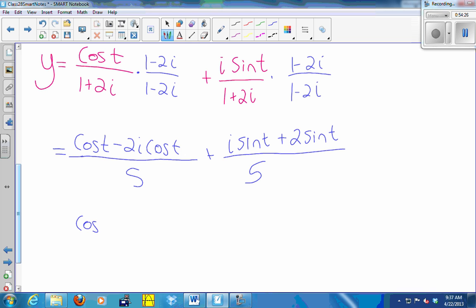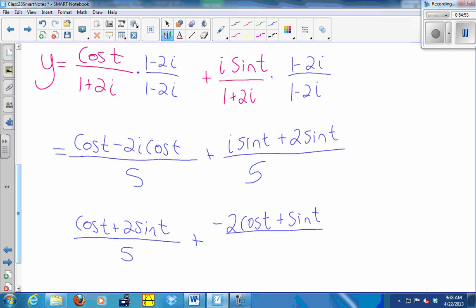So my real part is cosine t plus 2 sine t. I don't think so, because it's minus 2i squared, and the i squared changes the sign. So cosine t plus 2 sine t over 5, plus negative 2 cosine t plus sine t over 5 times i.